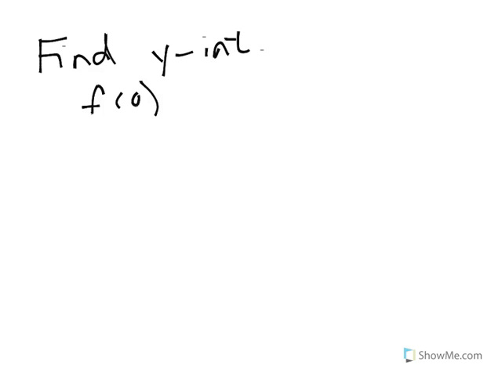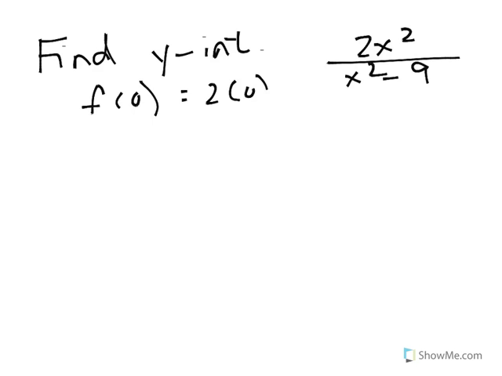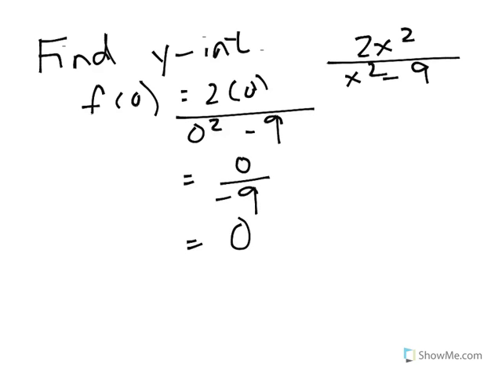So, f of 0, and we know that our problem is, I'll write the problem up here again for reference, 2x squared all over x squared minus 9. So it's 2 times 0 all over 0 squared minus 9. And we know what that is. That's 0, because 0 over negative 9 is equal to 0. So it's passing through the origin, 0, 0, right?